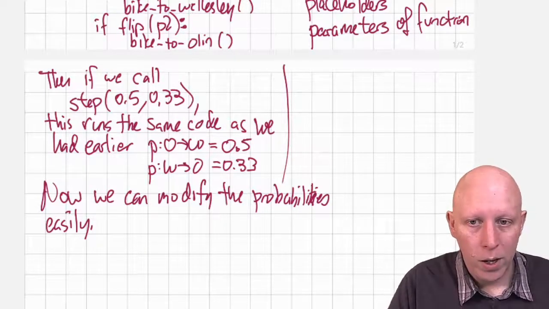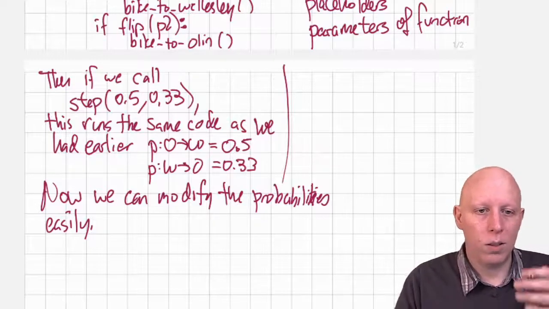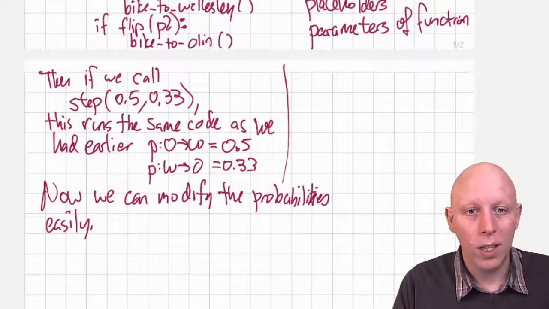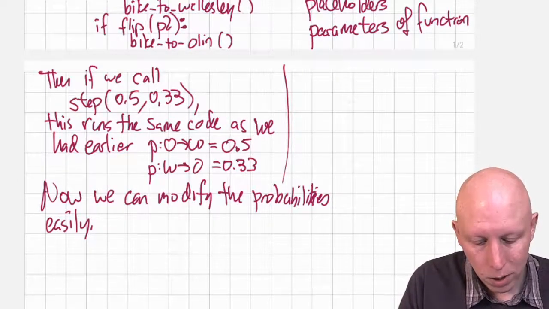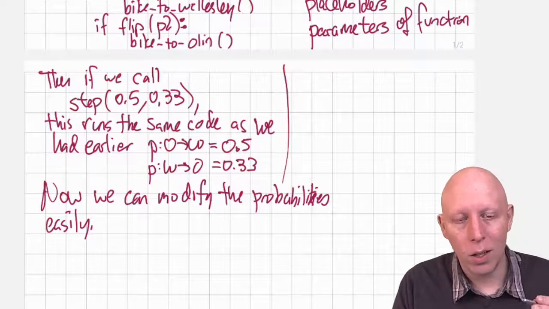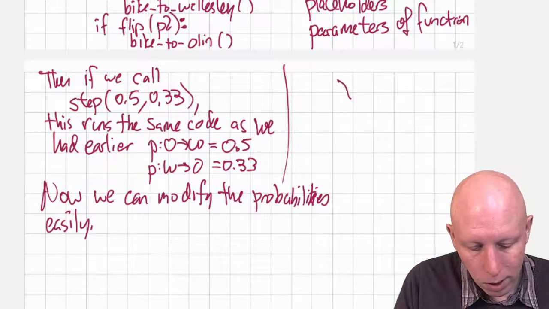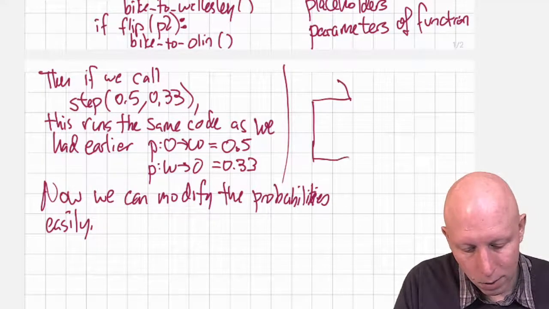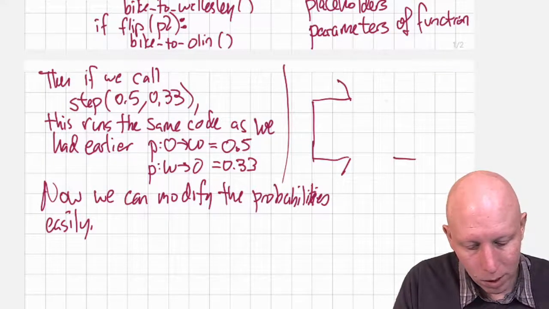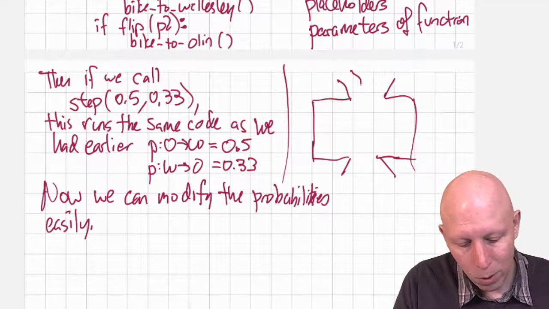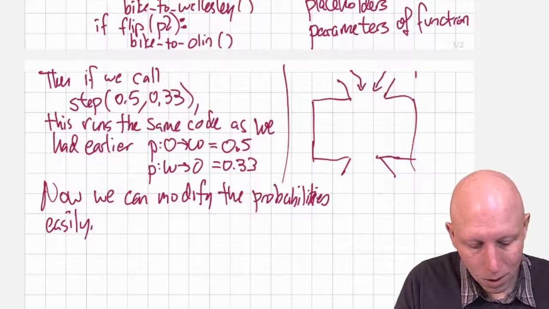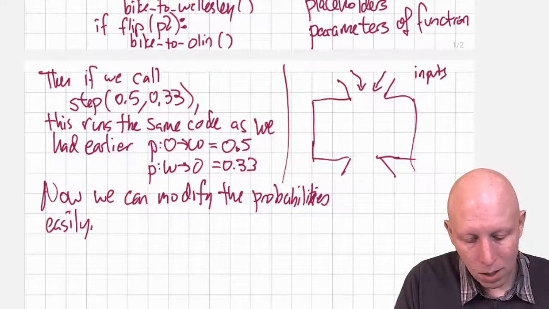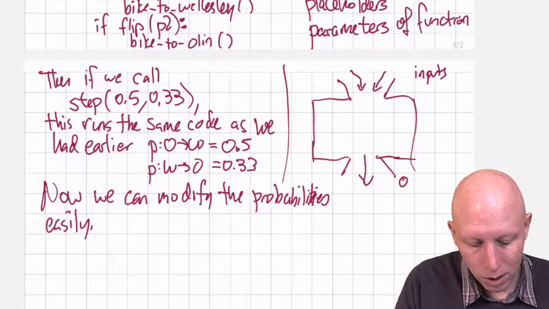So this is a lot of words, and I like pictures to go along with the words. Let me show you the type of picture that I like to think about when I think about a function like this. When I think about any function, I like to think about this kind of hopper type of situation. We put in here some inputs, and out come outputs.